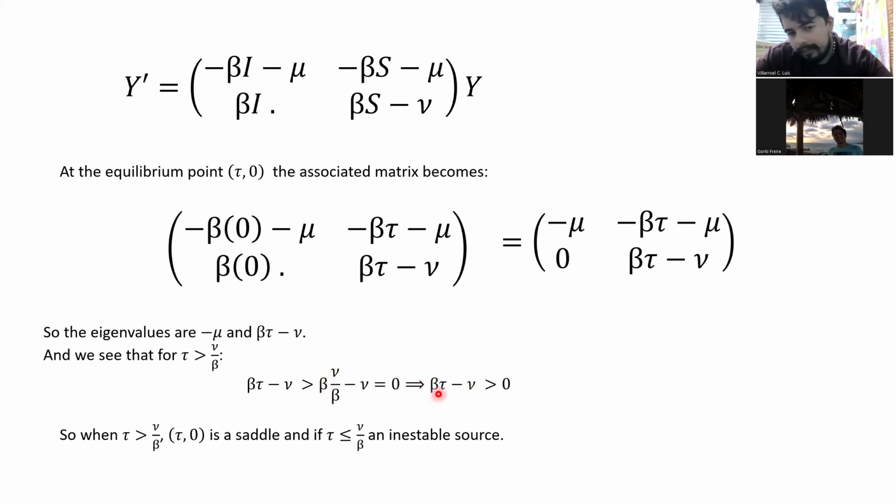So we have that beta tau minus b is greater than 0. So when tau is greater than b over beta, tau comma 0 is a saddle point. Why a saddle point? Because this eigenvalue is positive, but minus mu is a negative eigenvalue. So we conclude that this is a saddle point, and on the contrary, not an unstable source.